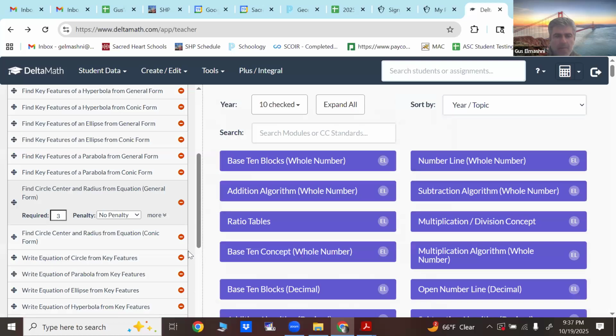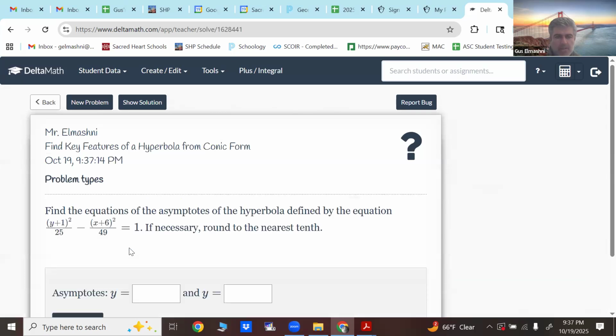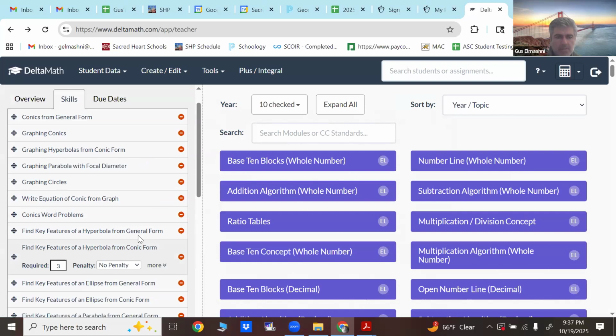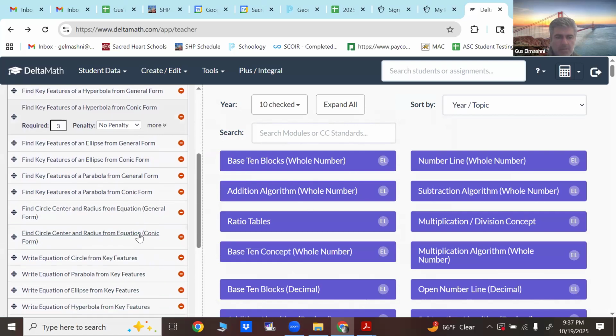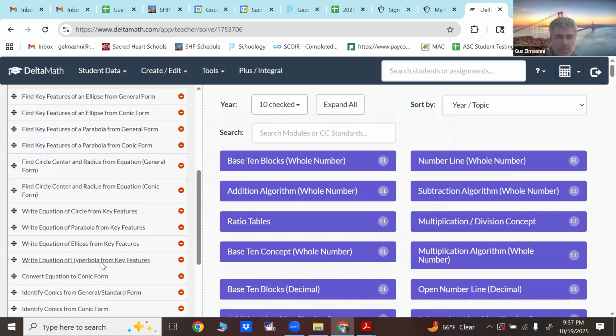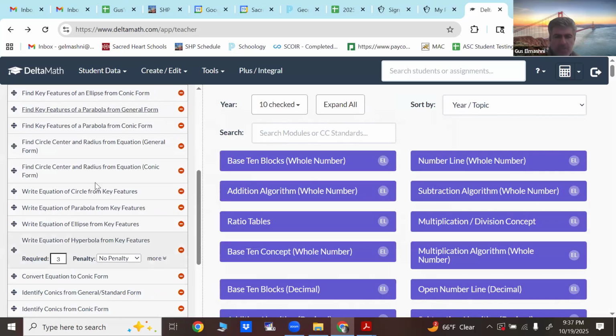They're all good. I really like this one a lot. Writing equations, key features, I think that's good.